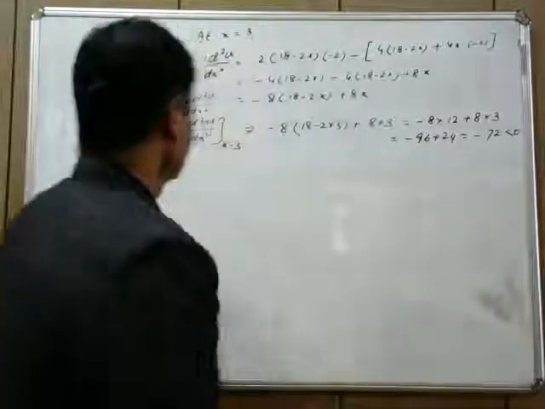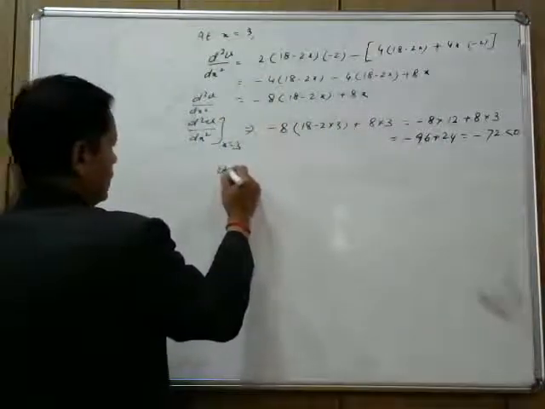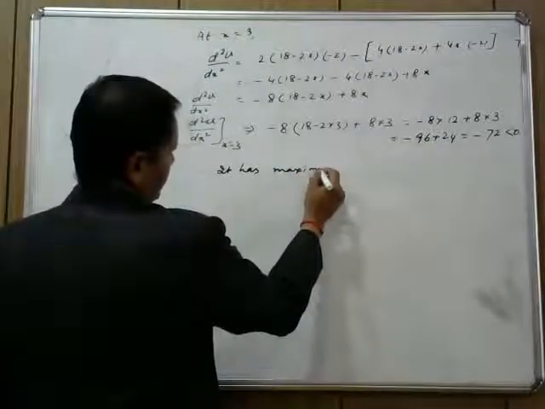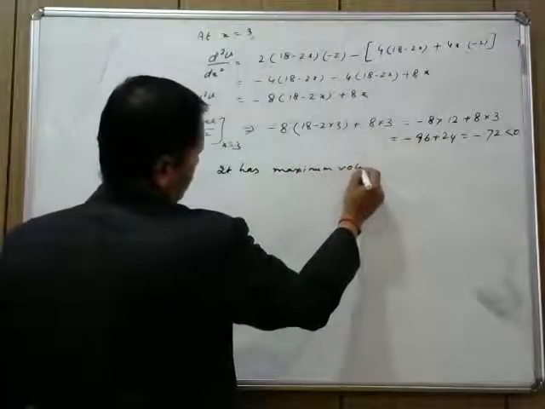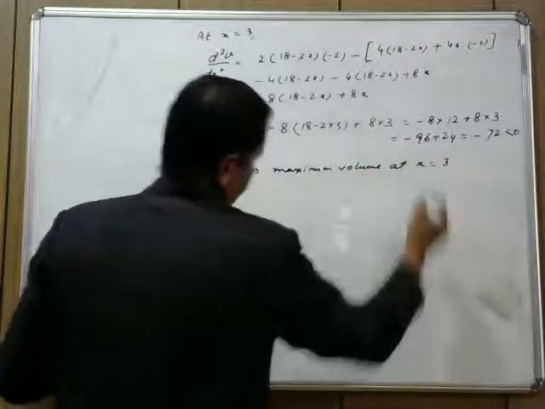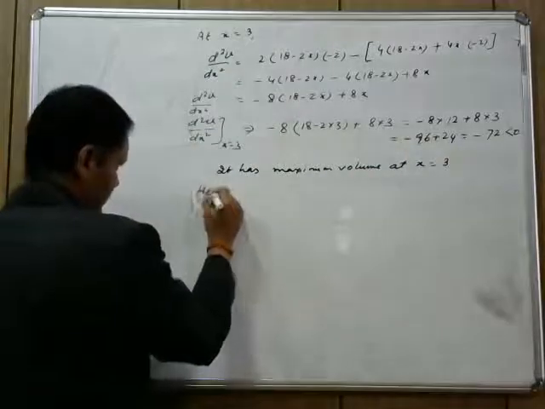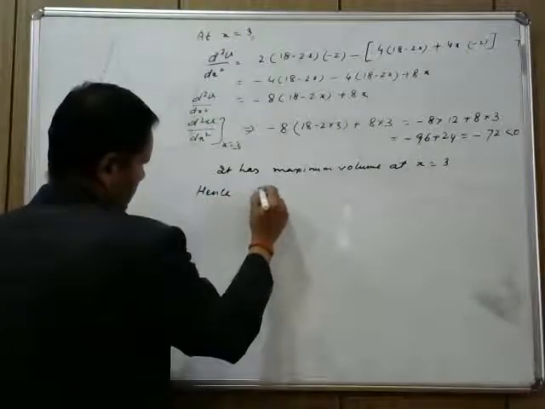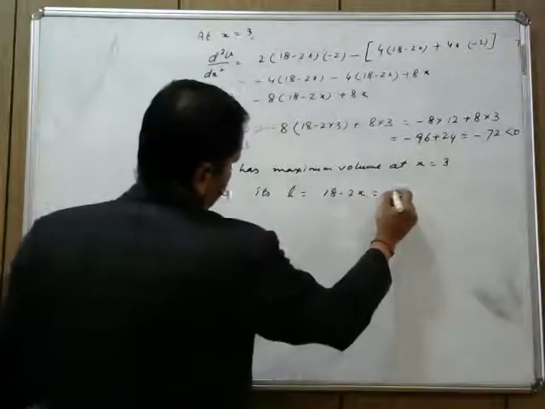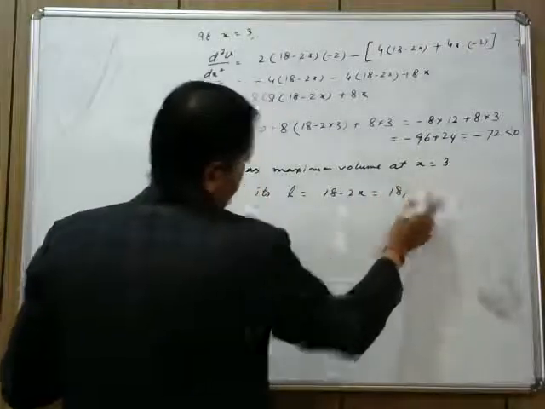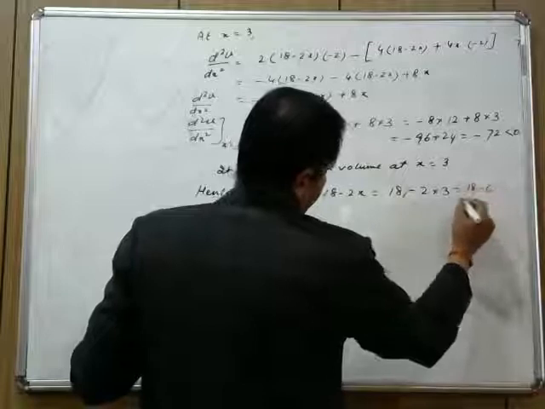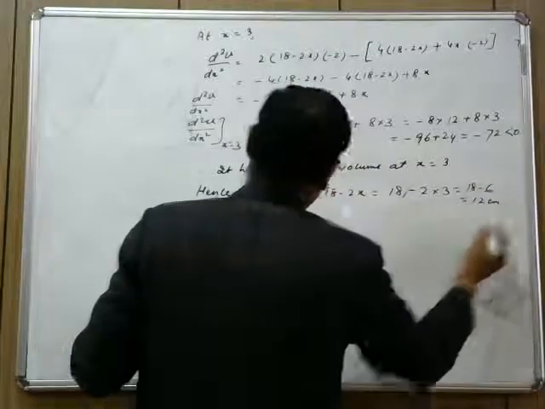Therefore, it has maximum volume at x is equal to 3, and hence its length will be 18 minus 2x is equal to 18 minus 6 is equal to 12 centimeter.